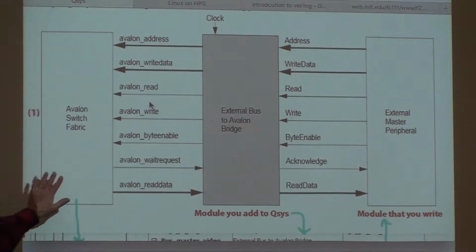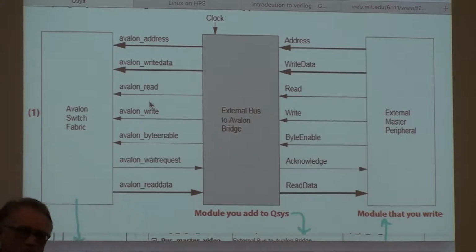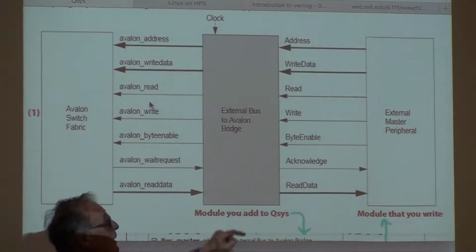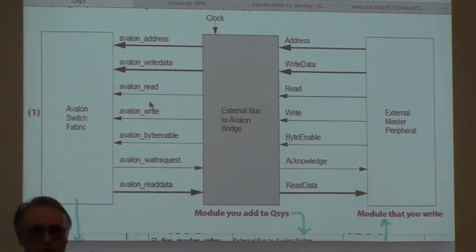There's a switch fabric, which is stuff that's hidden from you. That's the Verilog that's generated by the Qsys interpreter. There's an external bus to Avalon Bridge, which is available on the module list that ships with the university IP. You can drag and drop that onto the bus.